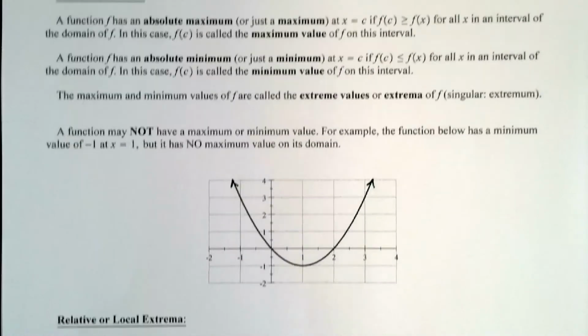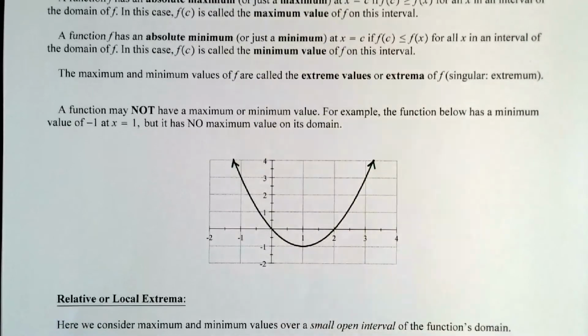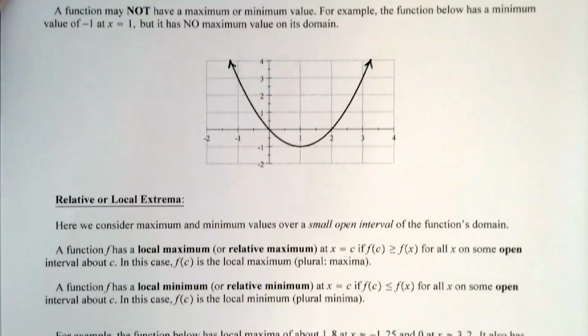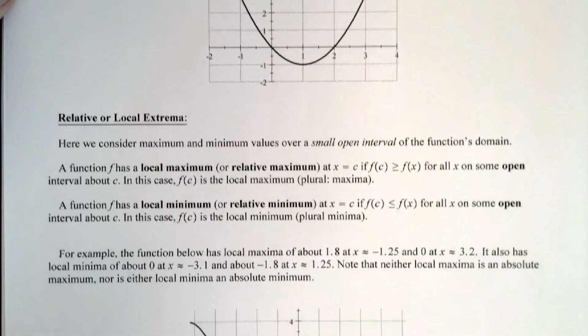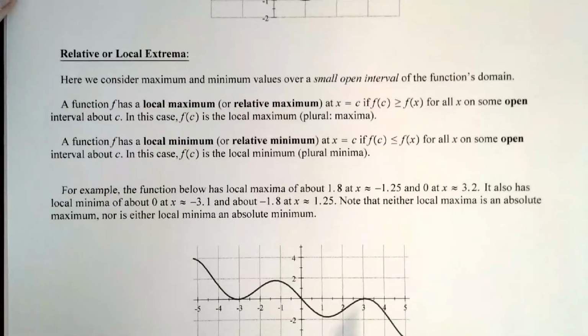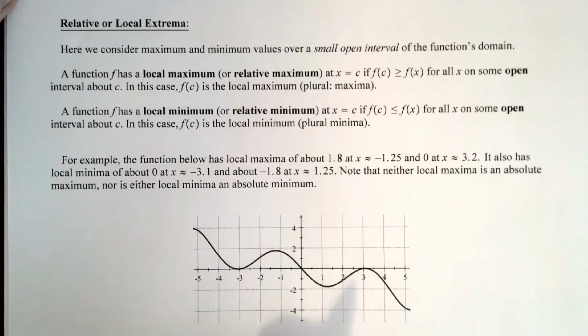The other type of extreme values we want to talk about are relative or local extrema. Here we're going to consider a maximum or minimum over a small open interval of the function's domain.